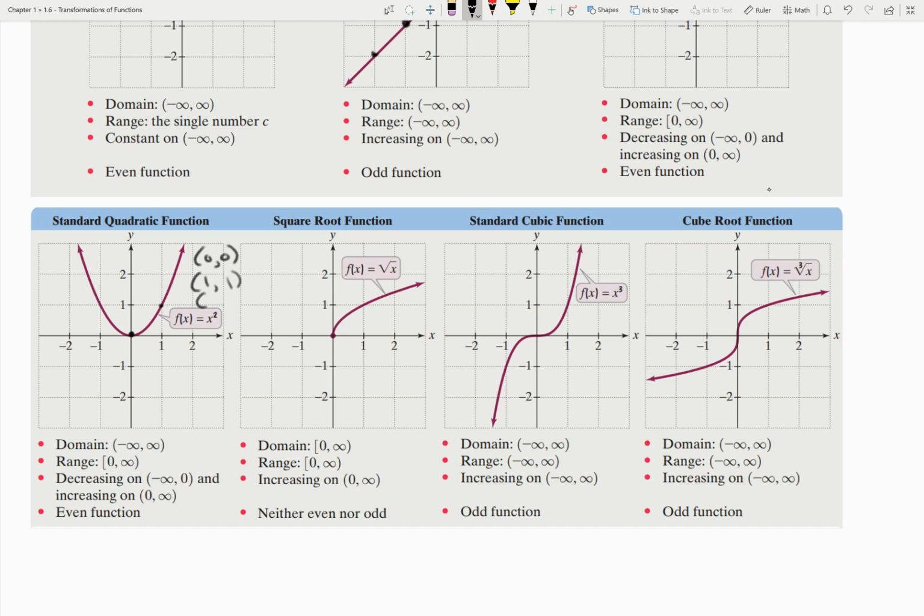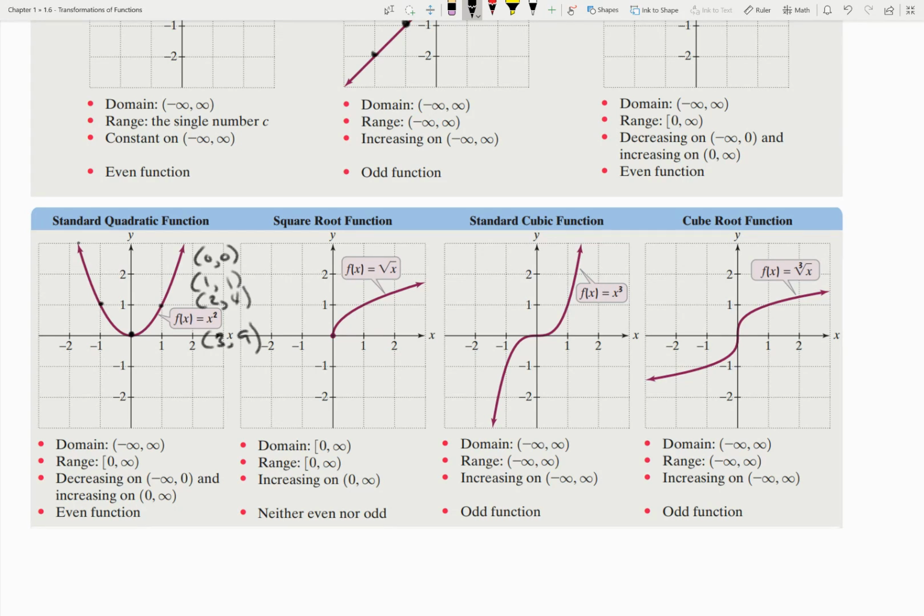We have a point off this graph, (2, 4). We have another point, (3, 9). These are just plugging inputs into x squared, into my parent function. And because this is even, all these points repeat on the left side of the function.